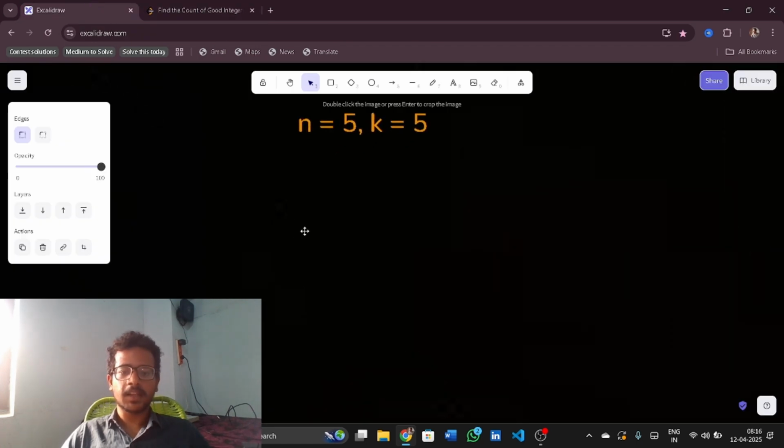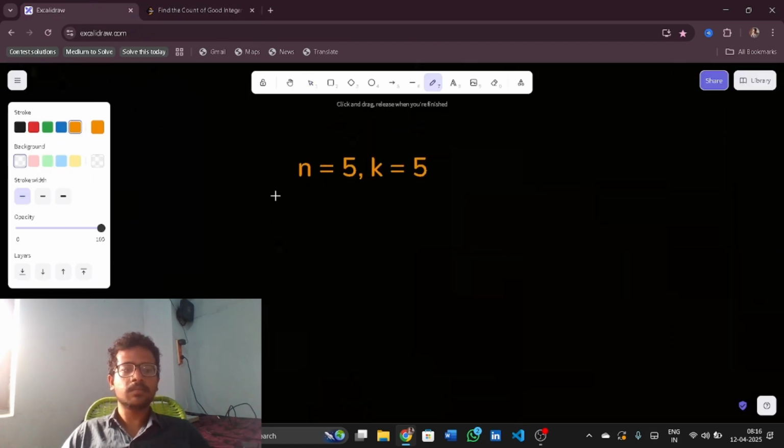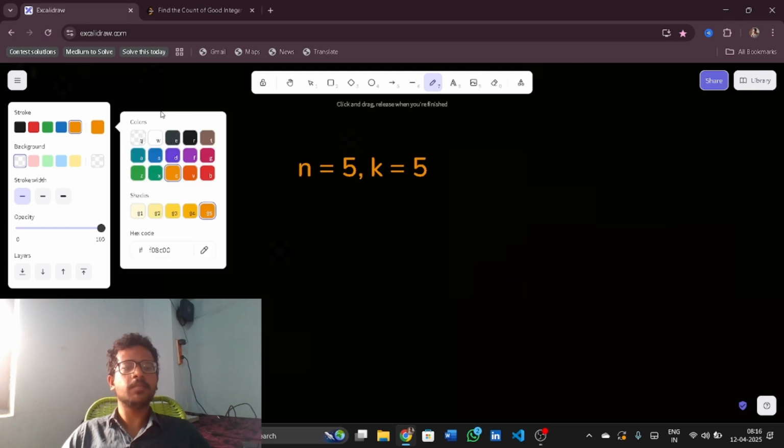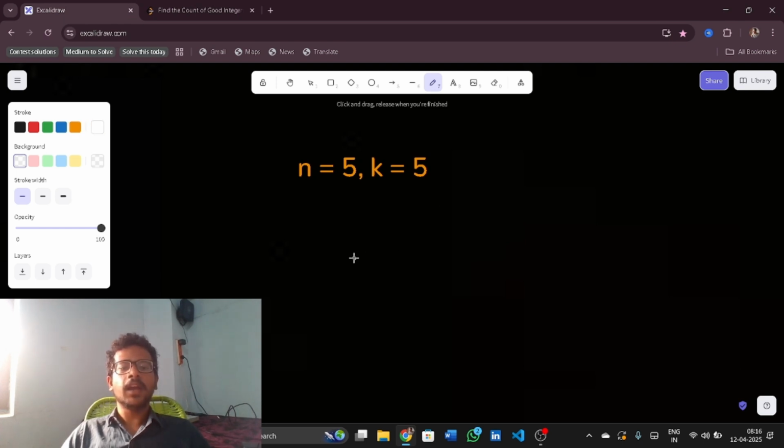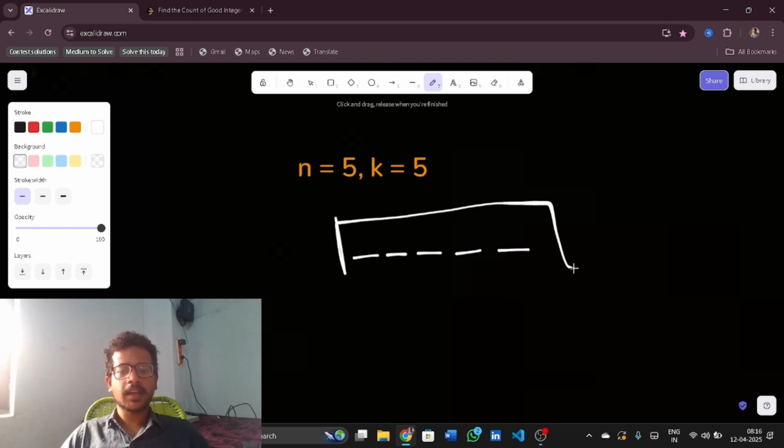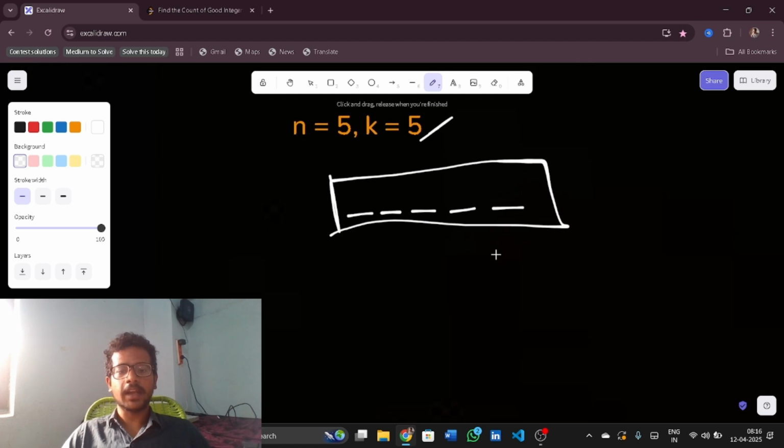So what they are saying is, let us take something like n equal to 5. That means we need to create an integer with 5 digits, placing some digits in these places, and k is given as 5. So the number should be divisible by 5, that means it should be divisible by k.